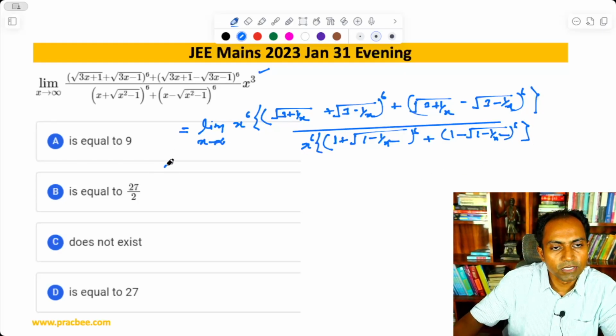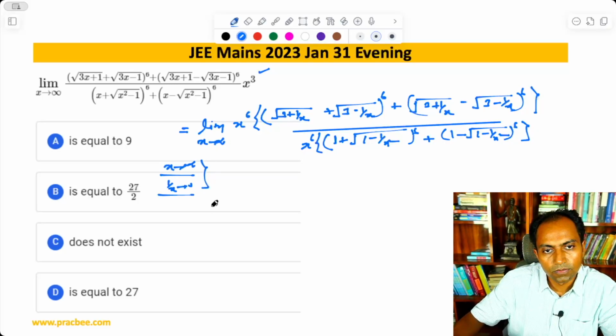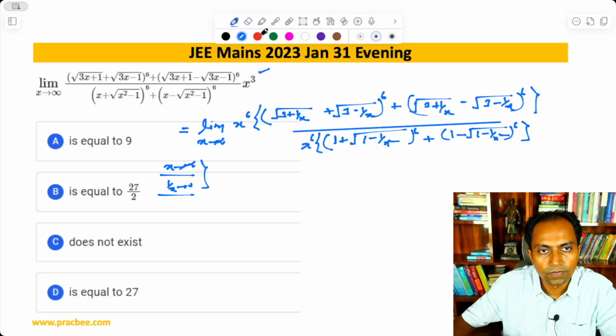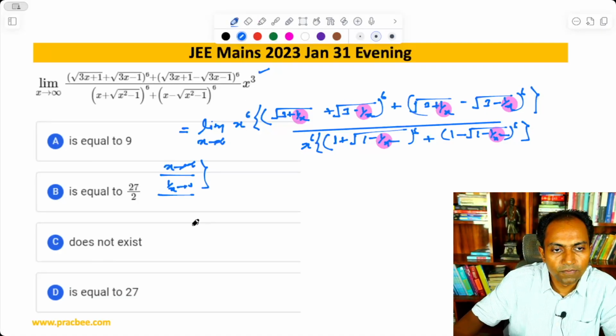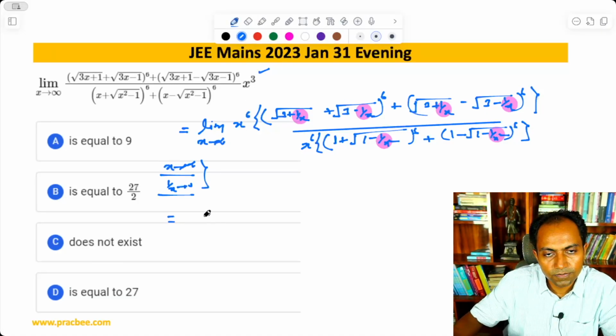Now you can see that as x tends to infinity, 1 by x will tend towards 0. If I apply this logic, you can see that this term, this term, this term, this term, this and this will become 0. And if this becomes 0, what is my final answer?